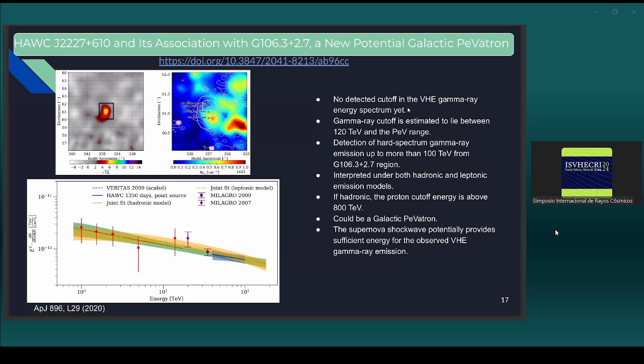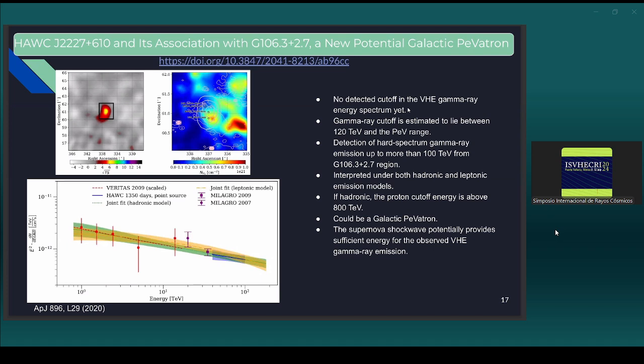And one thing that we need to discard any of these scenarios is to make a multi-messenger analysis. In fact, what we really need is that if we have hadronic emission, we need to have correlation with neutrinos.